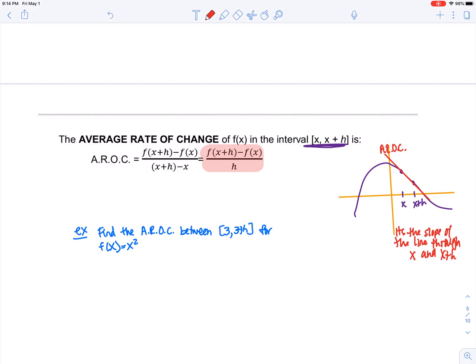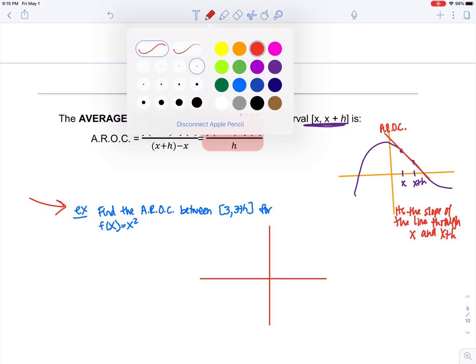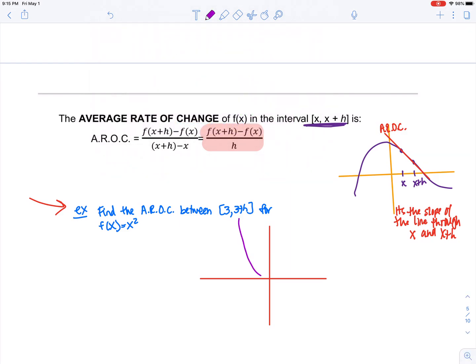So let's just say we have this example. Let's say I want you to find the average rate of change between 3 and 3 plus h. So kind of going back to that problem, but this time it's for the graph y equals x squared. I'm going to do a little visual here. We all know what the graph of x squared looks like. It's just a parabola. And we want to find the slope of the line through 3 and 3 plus h.